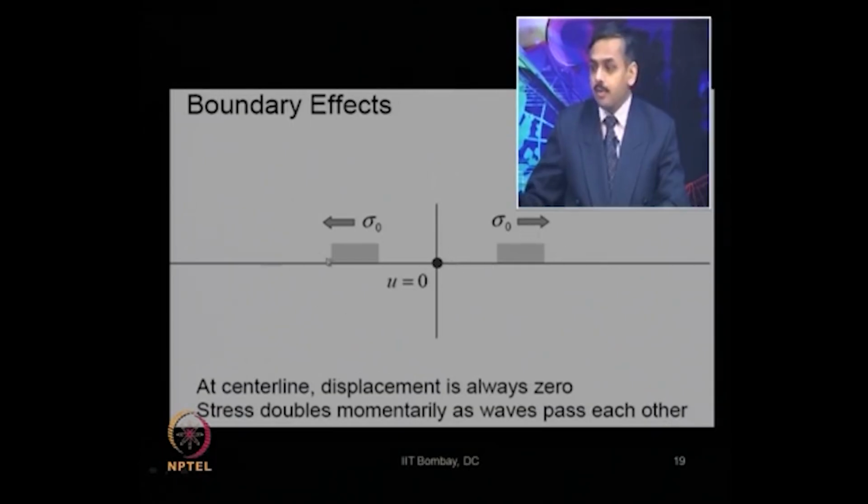This wave is traveling from here to here, this wave is traveling from this side to this side. At the intersection, at the center line, what happens? The displacement u becomes 0, but the amplitude of stresses, sigma naught, gets doubled.